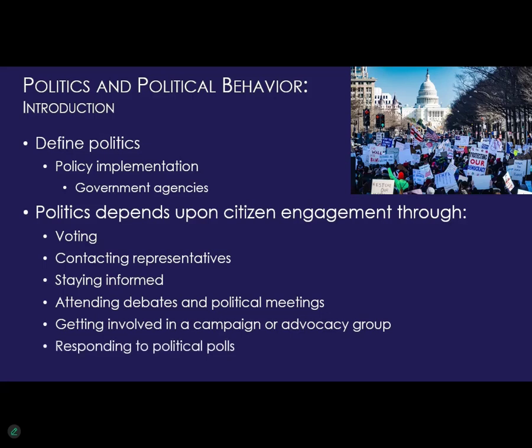Responding to political polls is also a way that you can show your elected representatives what your values are. Now, these are all forms of citizen engagement that can occur on an individual basis. But citizen engagement can also occur through collective action, and that's what I'm going to move to next.